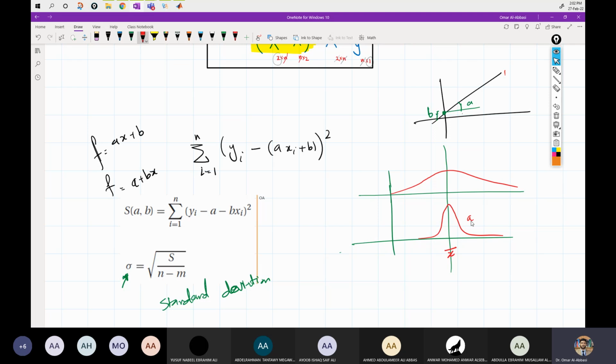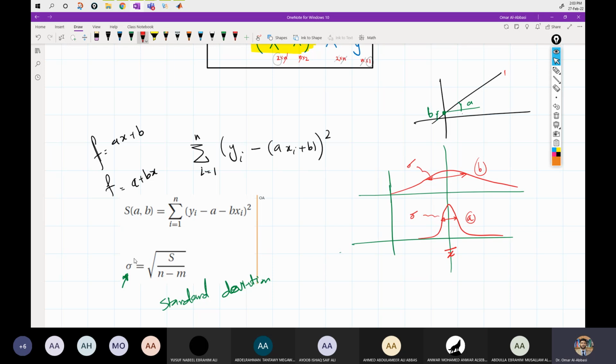But for case A, in comparison to case B, the standard deviation, the spread of the values, sigma, is smaller in comparison to the spread of the values in case B. So the standard deviation measures how the data are spread across the mean value.